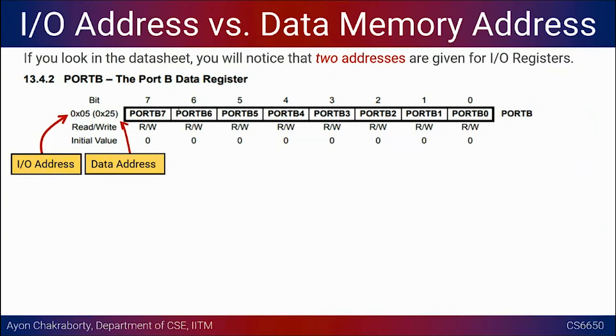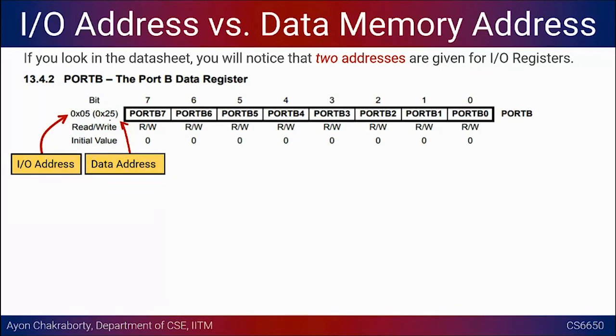When you see all these addresses of port B, port C, or even the data direction registers, they will always have these two addresses. So now we have one set of addresses for accessing from the data space.